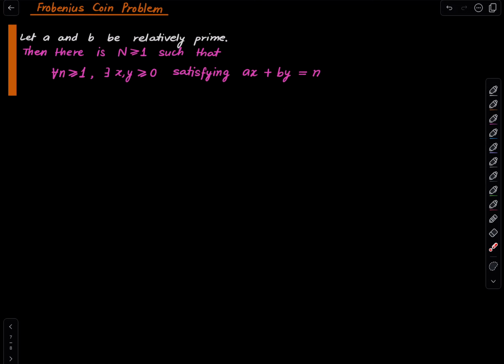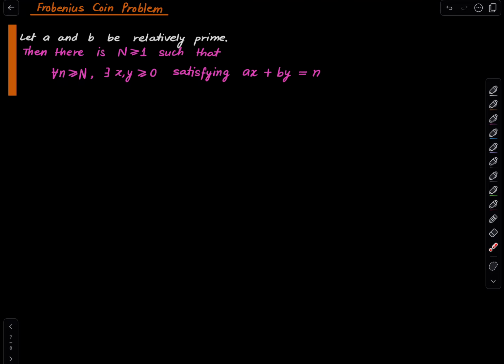So the coin problem in abstract mathematical terms: suppose we have relatively prime integers a and b. Then there is some natural number n such that whenever you pick something at least that natural number, you can find non-negative integer solutions satisfying this equation.